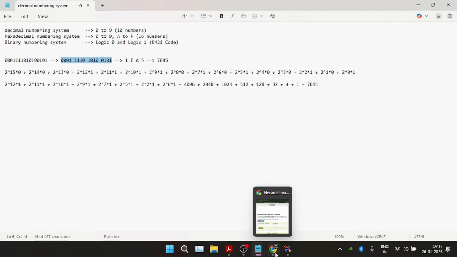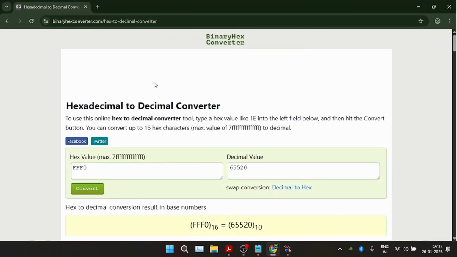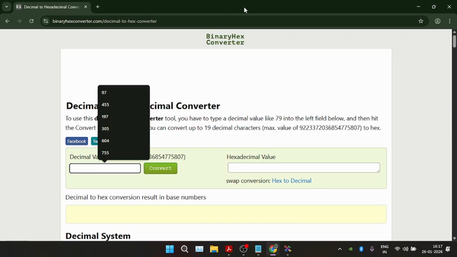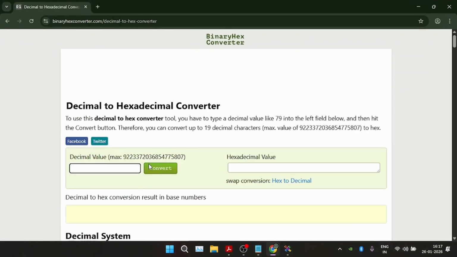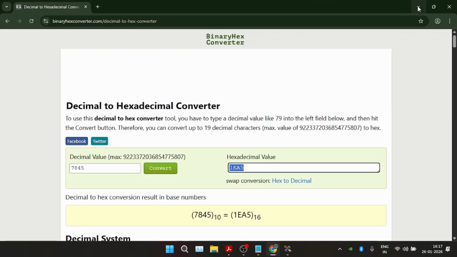So if you want to check it, let's check it once. I have already a hexadecimal converter open here. The decimal value is 7845. Let's go in the reverse manner. If you convert this, what we get is 1EA5.